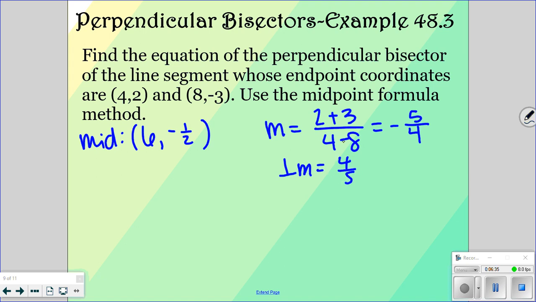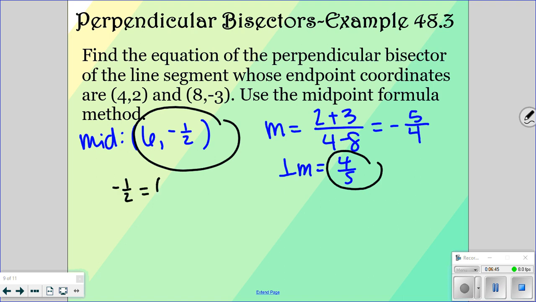So now you're going to use this slope and this point to find your equation. So y equals mx plus b, negative 1/2 equals 4/5 times 6, which is 24 over 5, plus b.